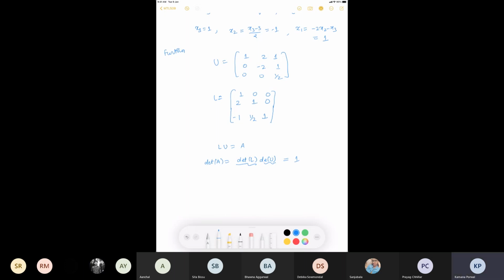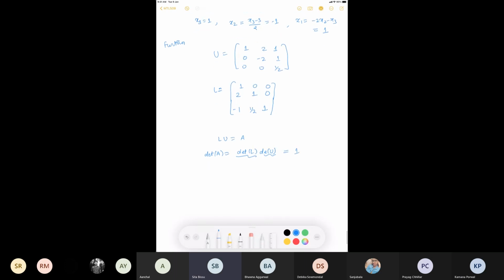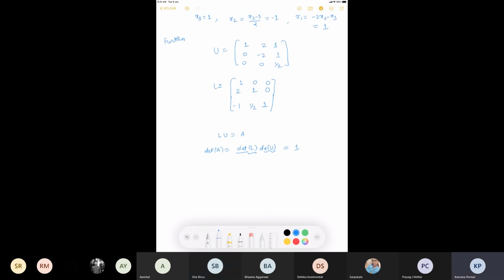Yes, the determinant of U is -1. The determinant of L is simply 1 because this is how we are constructing L, with diagonal entries 1. Okay, so we'll stop here.